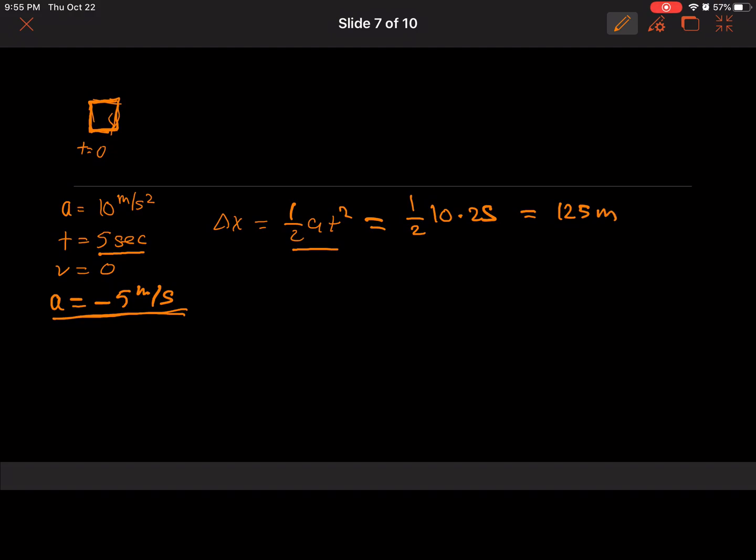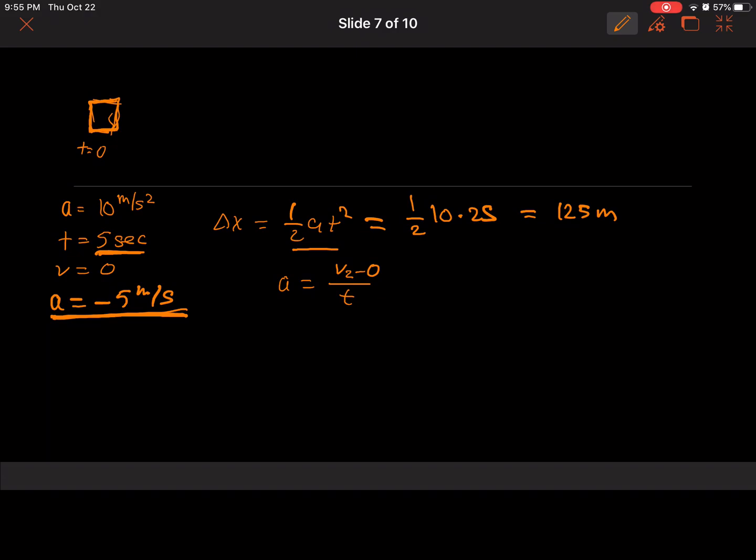Now it starts slowing down. We want to find the distance. So let's find the velocity at t equal to 5 seconds. The acceleration a equals v divided by t.